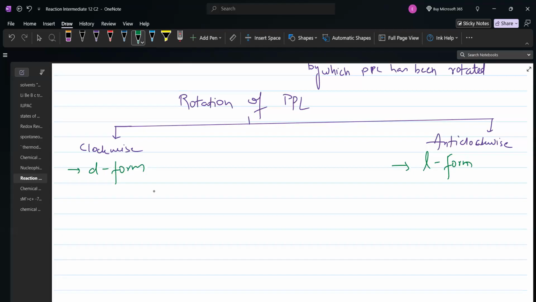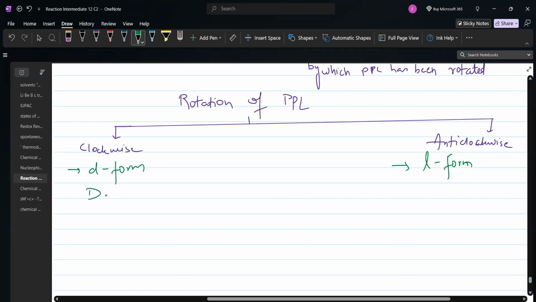You can check the syrups in your home. So D form means dextrorotatory, represented by plus, and the L form, the full form is levorotatory, represented by minus.